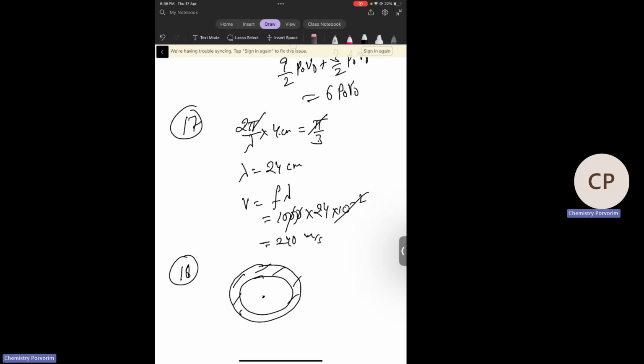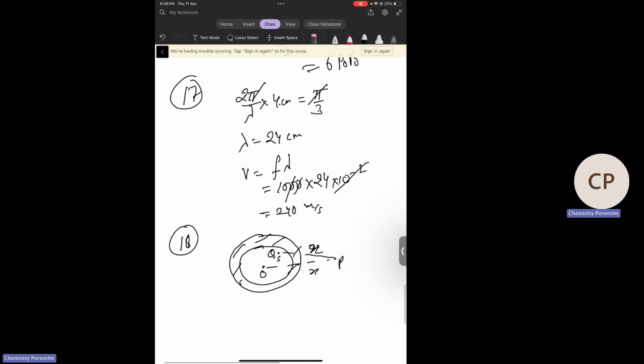This is the center of a hollow spherical conductor, and charge is placed at point S. Distance of point P from S is x r, and from center is x.